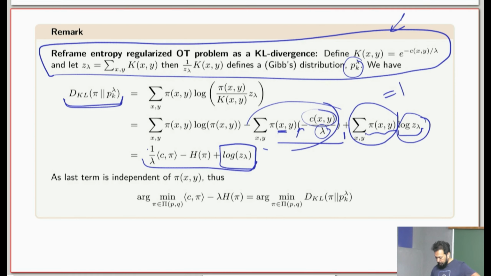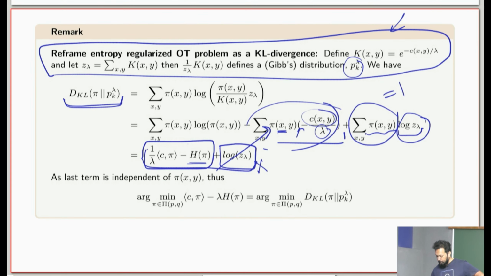So this part was the OT regularized problem. It's just that lambda is here in the denominator, but that doesn't matter, because 1 by lambda you can always take common, and then lambda comes here with the original form, and this guy has nothing to do with the pi. So you can even make it invisible.